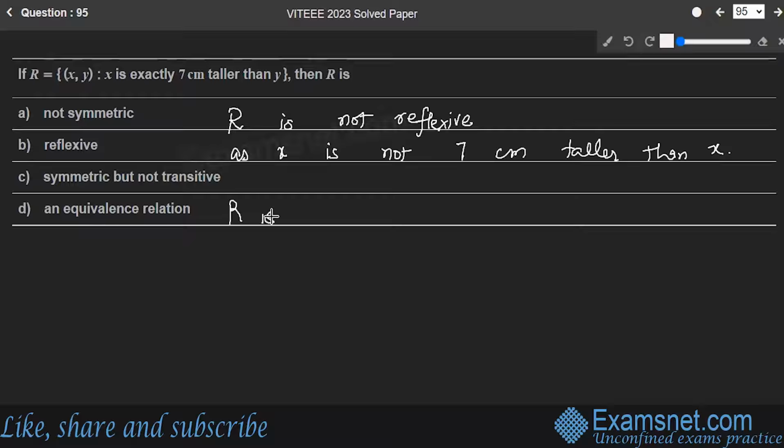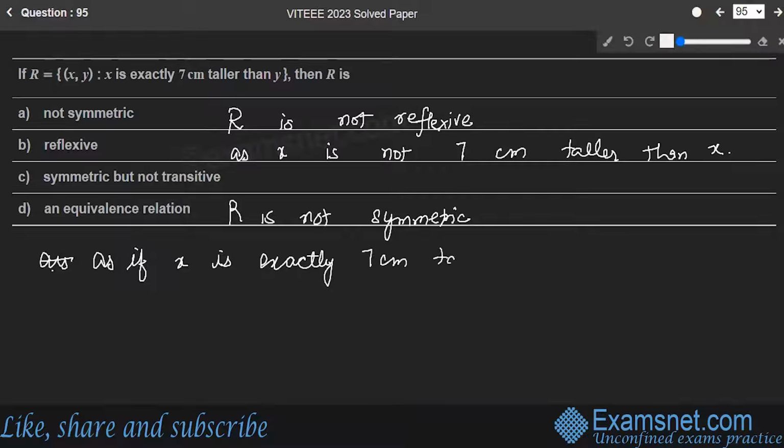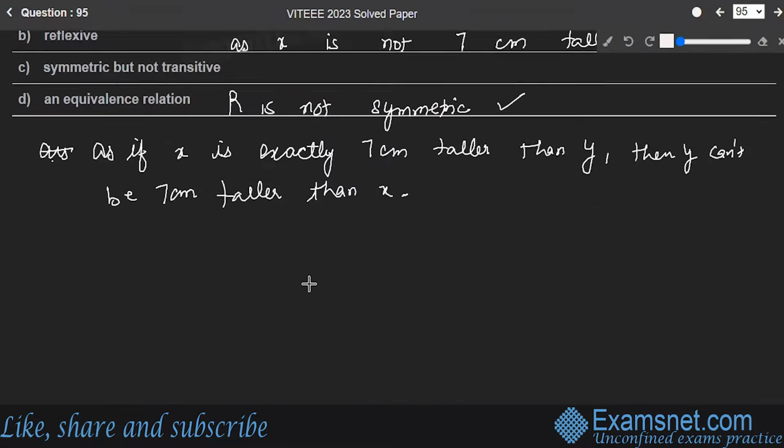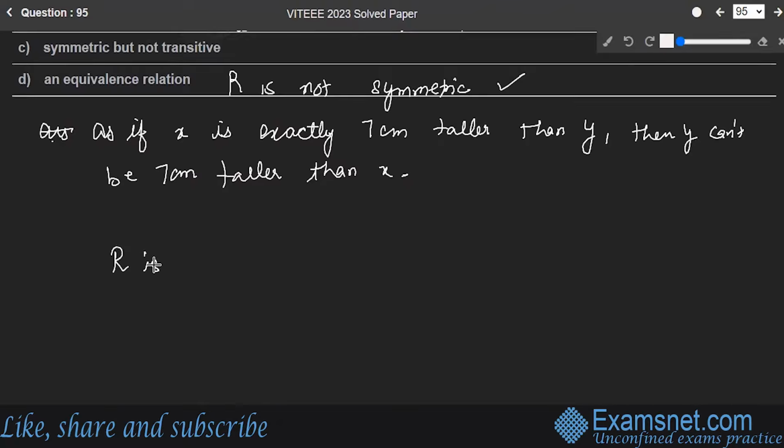Now, R is not symmetric as well, as if X is exactly 7 centimeter taller than Y, then Y cannot be 7 centimeter taller than X. So it is not symmetric, it's not reflexive, and R is not transitive as well.